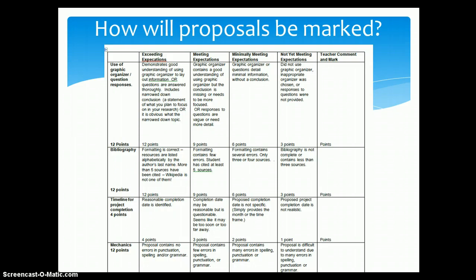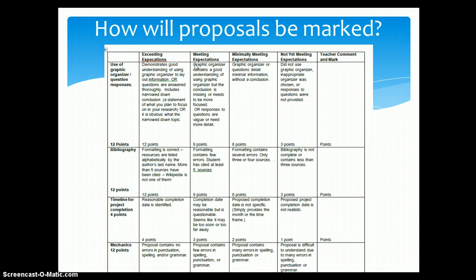And so you can go through this rubric and ask yourself, okay, did I do these things? And where you really want to look is at this exceeding expectations. So these are the things that you need to be doing in order to get the full marks.